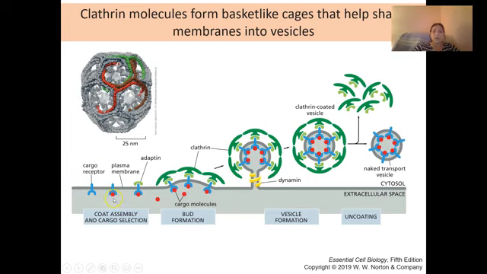So as your product or protein, whatever it is that you're going to be moving, the cargo molecules get assembled at that plasma membrane. They are bound by a protein called adaptin to hold them in place, to accumulate them in that space.